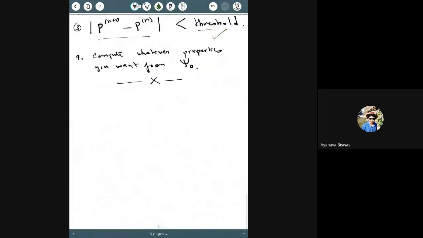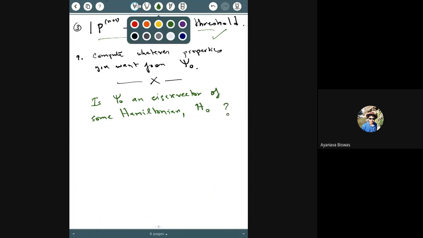So consider, is psi 0 an eigenvector of some Hamiltonian H0? Is it?